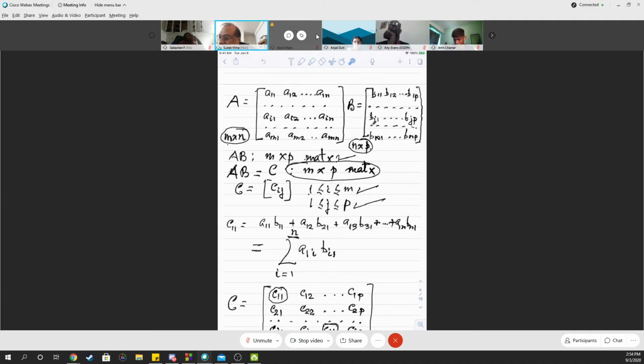And then we take the first row of A. First row of A, first column of B. Correct? So that's what I just did over here: A11 B11 plus A12 B21 plus A13 B31, plus up to A1n Bn1.